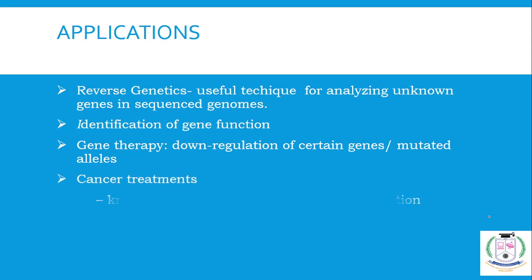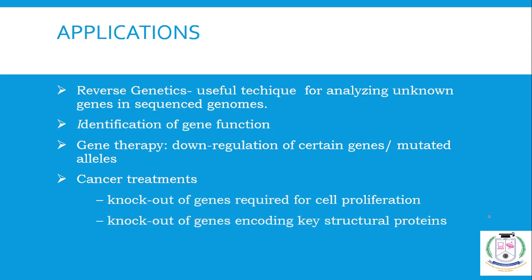In cancer treatment too, you find the application of RNA interference to knock out the genes required for cancer cell proliferation, or you can knock out the genes which encode the key structural proteins in cancerous cells. The other major function of RNA interference is in the field of agriculture for production of plants with desired traits.